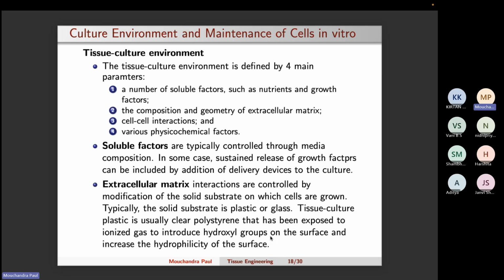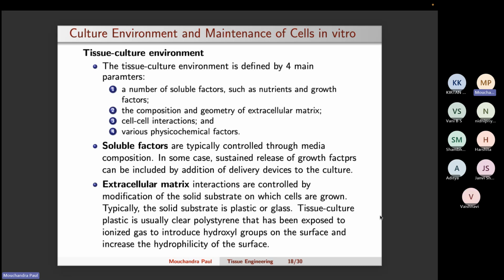But not just addition. Addition of the protein should happen in a proper configuration. It should not denature, it should be like the configuration that is normally present inside the body. So the configuration should be proper, in the original manner, and on top of that the cells will adhere.